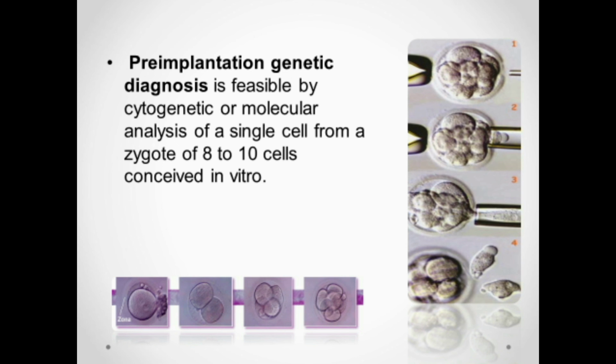Pre-implantation genetic diagnosis is feasible by cytogenetic or molecular analysis of a single cell from a zygote of 8 to 10 cells conceived in vitro. After exclusion of the genetic defect, the zygote is implanted in the uterus.